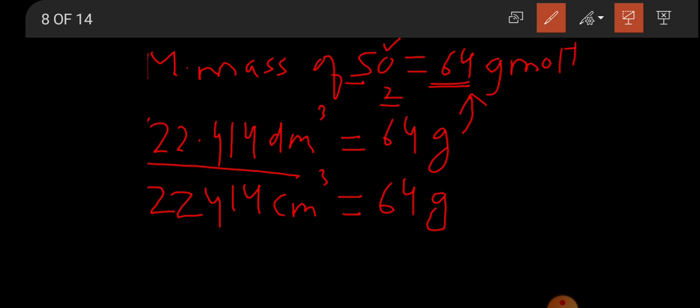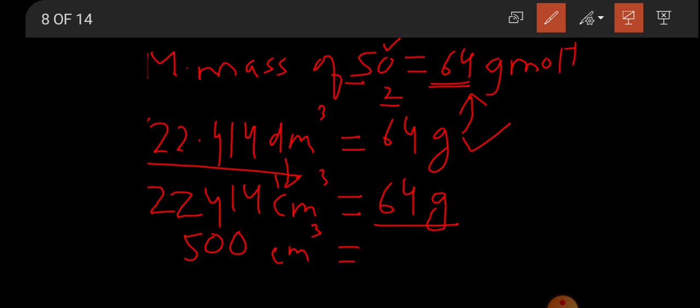22.414 decimeter cube of sulfur dioxide contains 64 gram of sulfur dioxide. We have converted the decimeter cube into centimeter cube, so 22414 centimeter cube of sulfur dioxide will contain the same mass of sulfur dioxide. And 500 centimeter cube of sulfur dioxide contains how many grams?